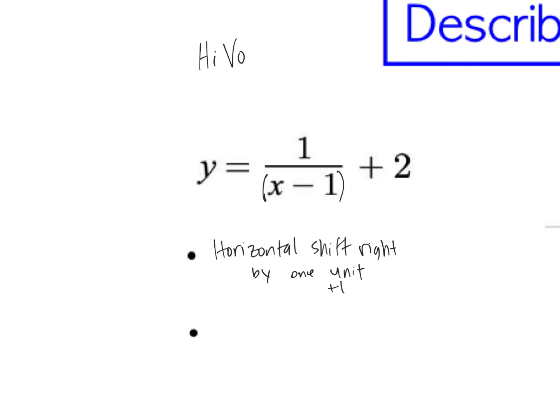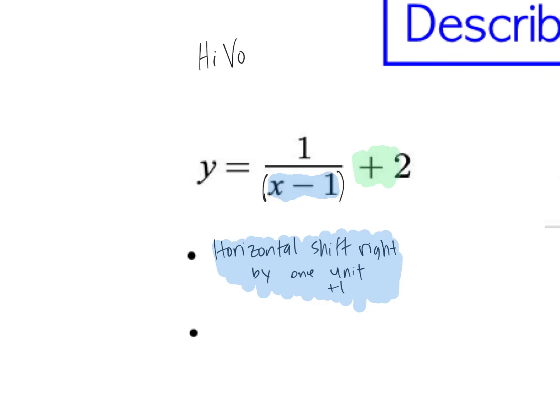We're adding 1 to all of the x coordinates, so we're shifting right by 1 unit. So in the equation, anything on the denominator is a horizontal transformation. In this case, we're shifting because we're adding or subtracting. So you can see that connection between horizontal meaning inside, or on the denominator of our fraction.